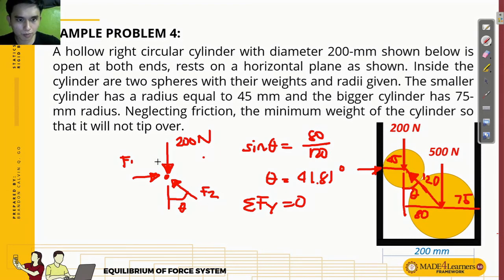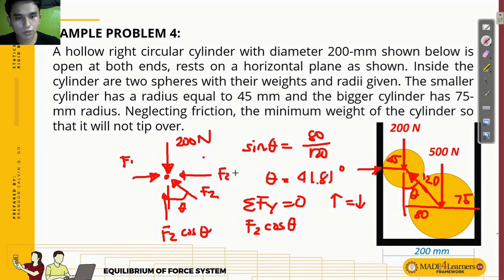So, atong unknown is upward man. So, F2, kung point sa F2 along y-axis, in terms of theta, we're going to use cosine. Cosine theta. So, F2 cosine theta equals yung downward direction, this one, 200.